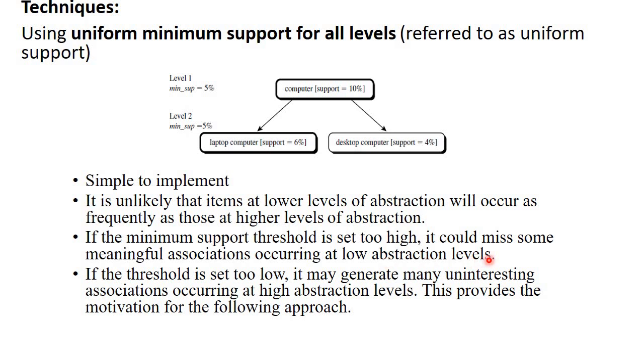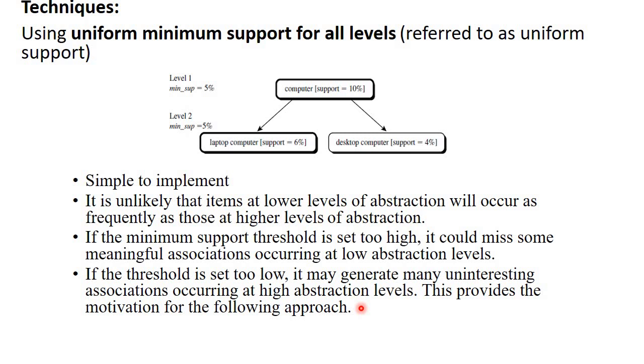If the minimum support is given too high for the items which are present at the low abstraction level, then there are chances that we might miss out some association rules. In the same way, if we give very low minimum support for the items which are present at a high abstraction level, then it might so happen that it produces many association rules.